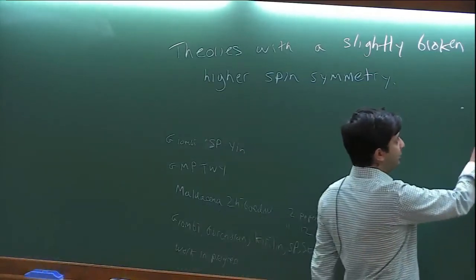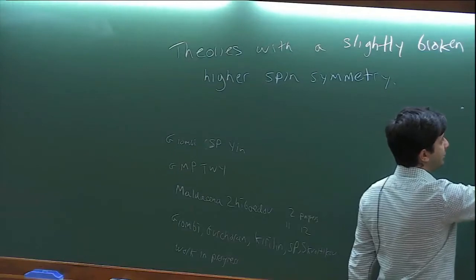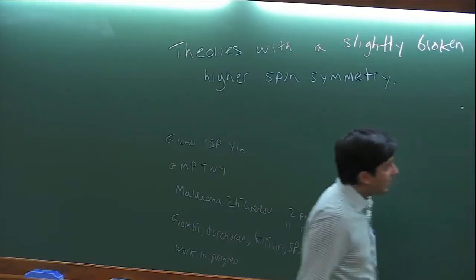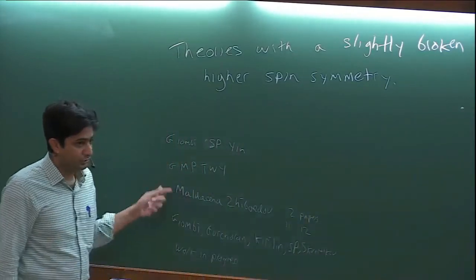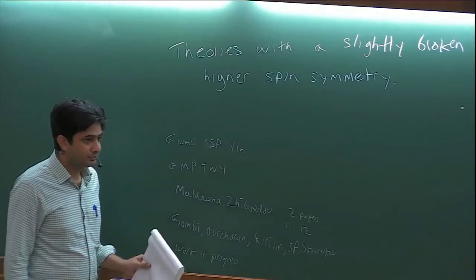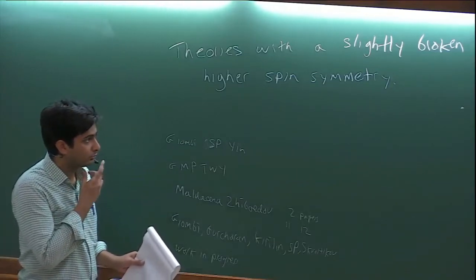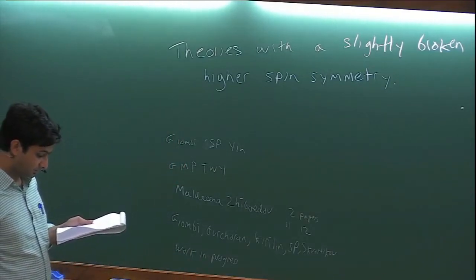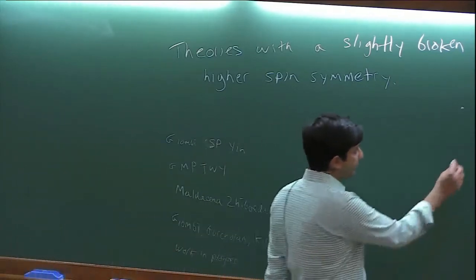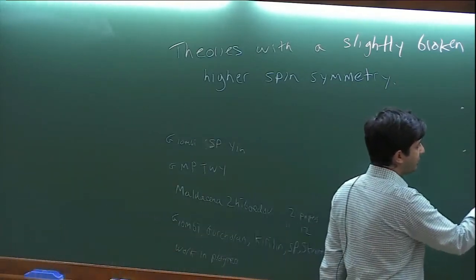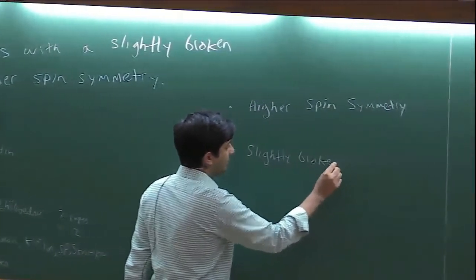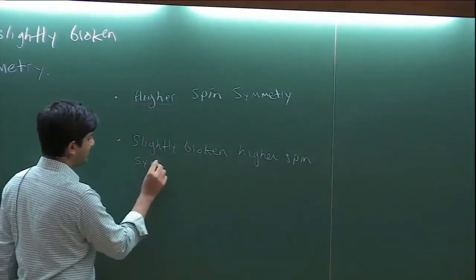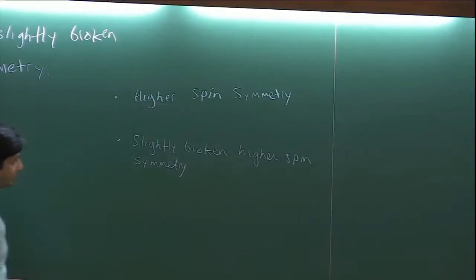Basically, I'll briefly review how you can exactly solve a theory with higher spin symmetry, which is based on Maldacena and Zhiboedov's first paper. Then we'll move on to solving theories with a slightly broken higher spin symmetry.